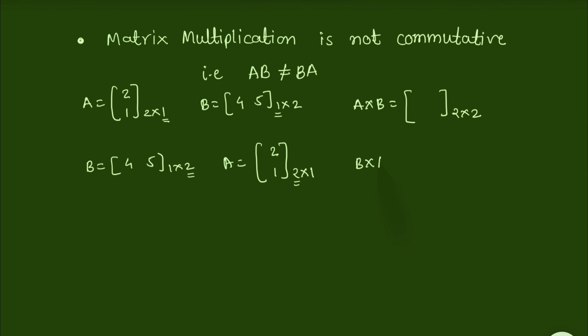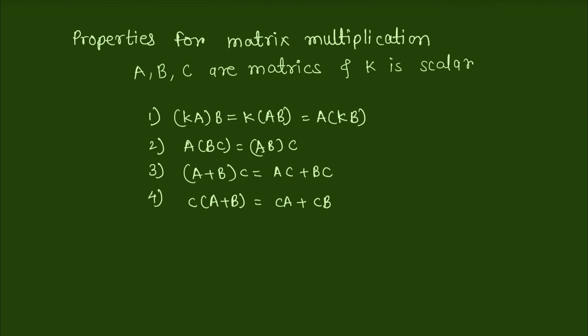Therefore B cross A exists and has order 1 by 1. Now A cross B is of order 2 by 2 and matrix B cross A is of order 1 by 1. Therefore A into B is not equal to B into A.